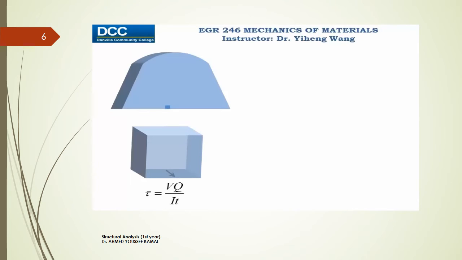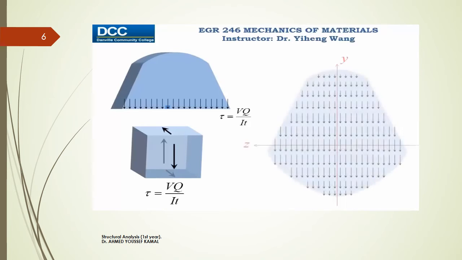However, we learned about the complementary property of shear. If shear stress develops on this side, it must develop on the other three sides as well with the same magnitude. Therefore, if we assume shear stress distribution is uniform along the z-axis, then at this vertical location, shear stress develops like this. Therefore, we can apply the method of sections multiple times and apply the shear formula multiple times and determine the shear stress distribution on this cross-sectional area.